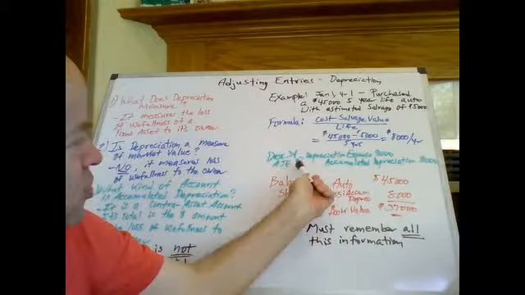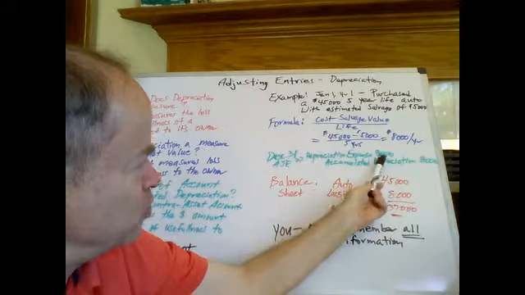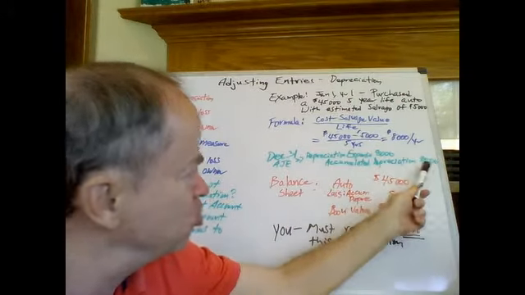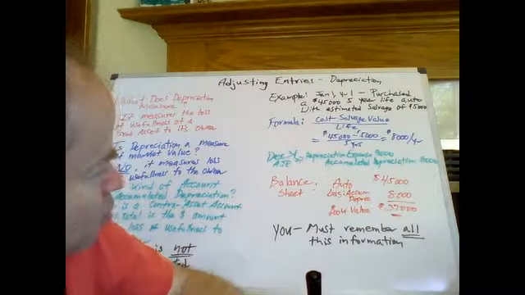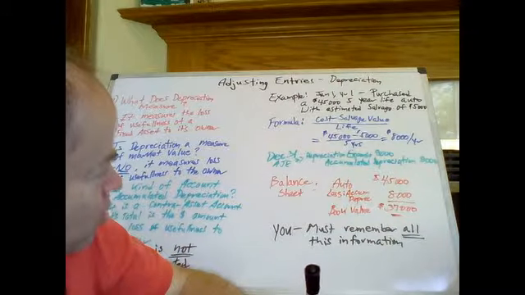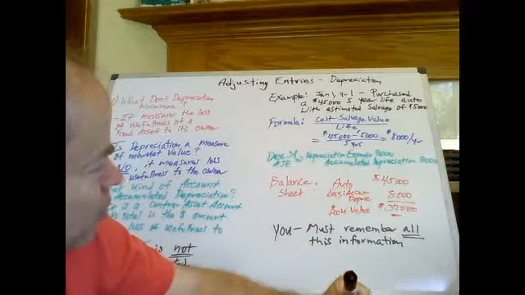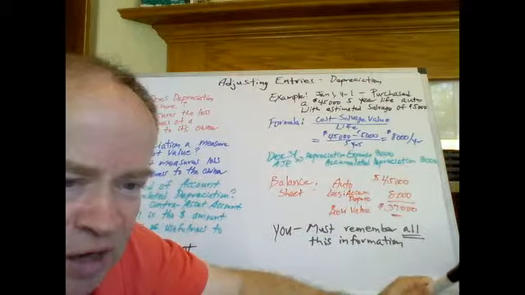And so on December 31st, since it's been a full year, we debit depreciation expense, income statement account, and credit accumulated depreciation, balance sheet account, contra asset, $8,000. So on my income statement, of course, I'll have depreciation expense. On the balance sheet, I will have auto valued at $45,000.